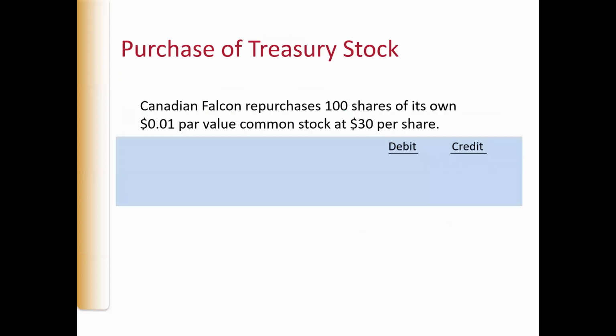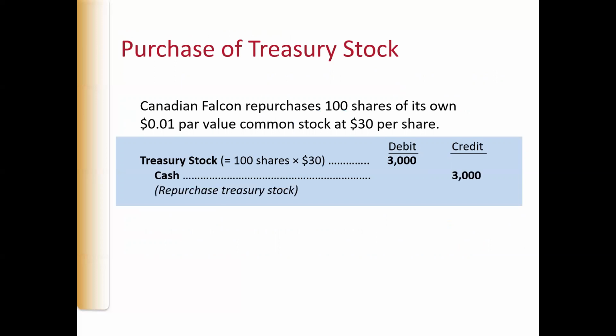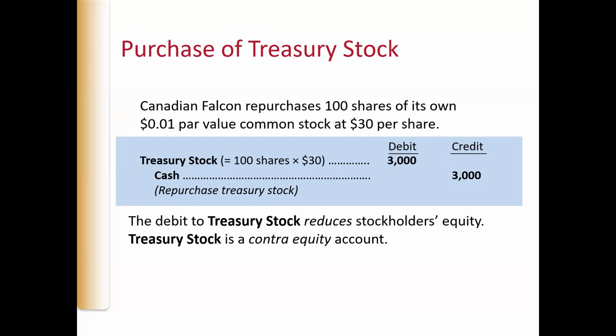So when a company purchases treasury stock, we would debit treasury stock and we credit our cash. And this treasury stock is kind of like a contra account in the stockholders' equity section. It reduces stockholders' equity.